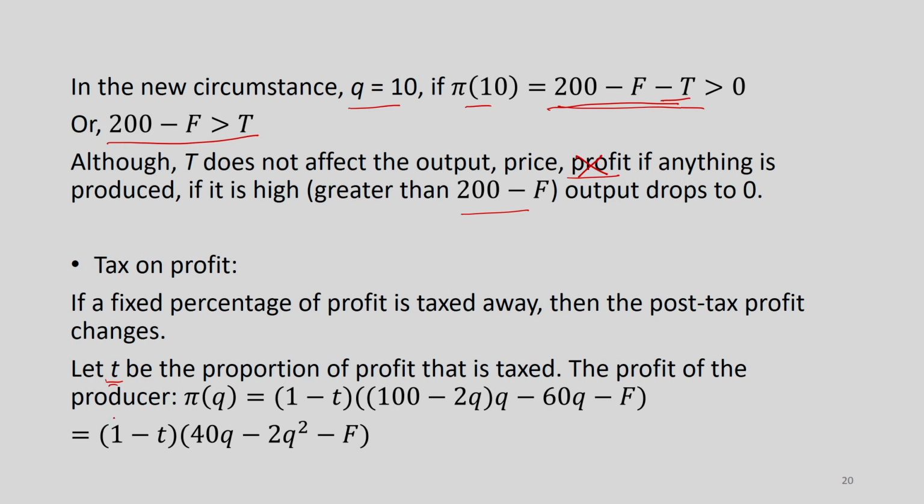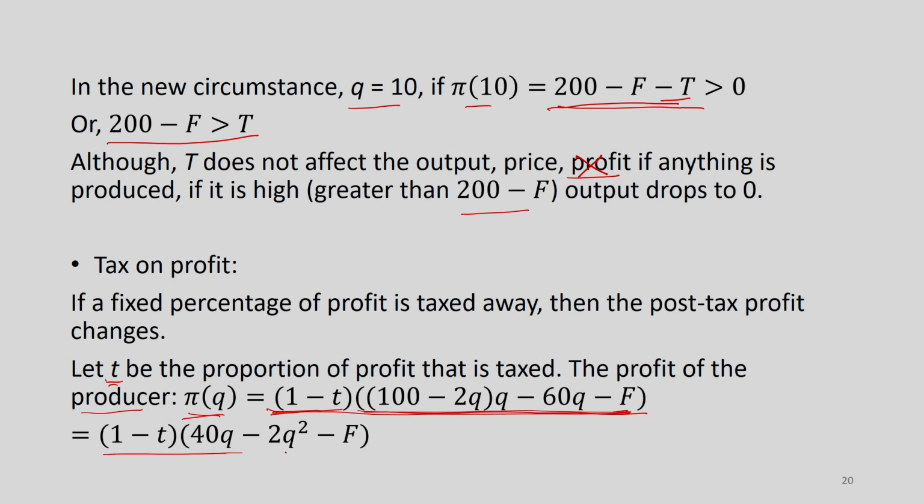The profit of the producer, let us suppose it is pi q, is 1 minus t multiplied by the profit expression that we had before. Here there is no lump sum tax, fixed cost is there. However, a portion of the profit, that is t percentage of the profit, has been taxed. So the producer is left with 1 minus t multiplied by the profit.